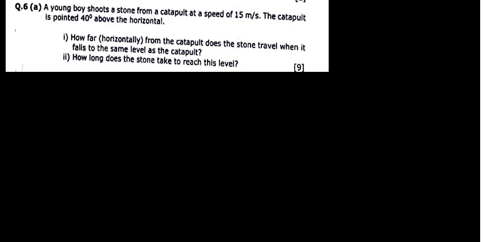So now, the first question is saying: a young boy shoots a stone from a catapult at a speed of 15 meters per second. The catapult is pointed 40 degrees above the horizontal. Part 1. How far horizontally from the catapult does the stone travel when it falls to the same level as the catapult?